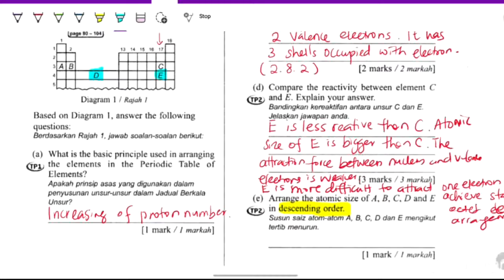Then across the period from left to right, the atomic size decreases. So the biggest is D, followed by E, then A, B, and C. So this is the answer.